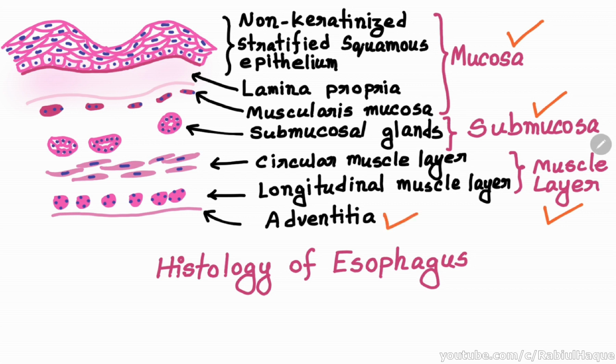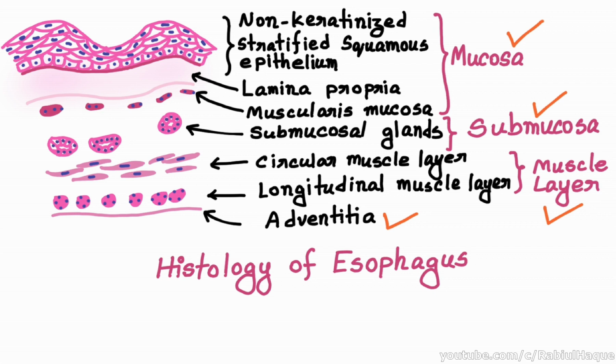And we had also seen that the mucosa has 3 components. There was the stratified squamous epithelium, beneath that there was lamina propria, and also there were some muscles in the mucosa, and those muscle layers are referred to as muscularis mucosa.